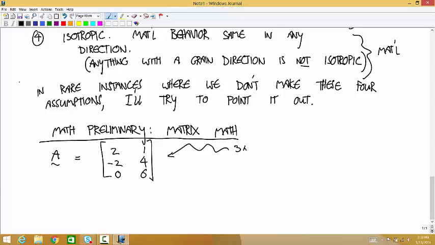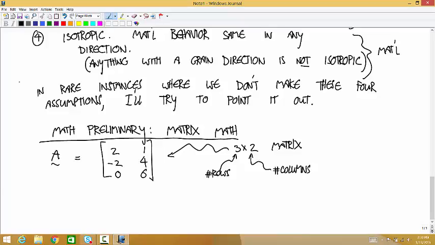This is called a 3 by 2 matrix, where the first number always gives you the number of rows, and the second number always gives you the number of columns.